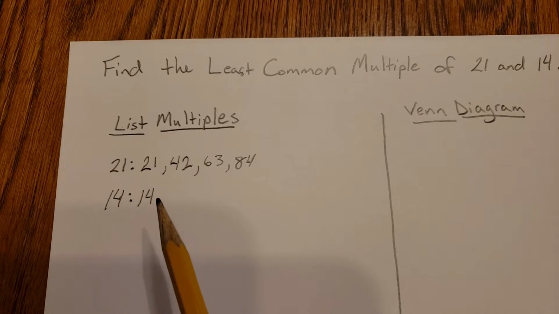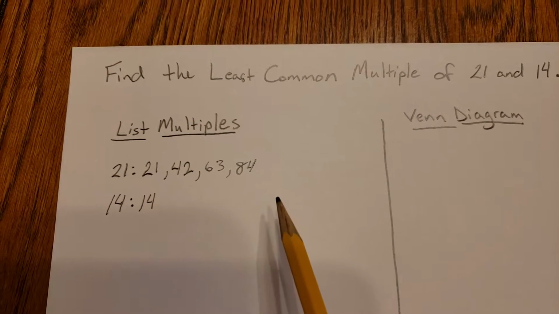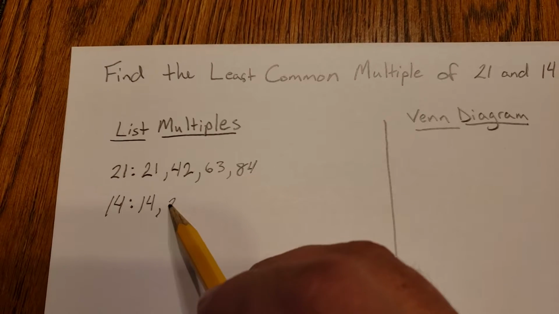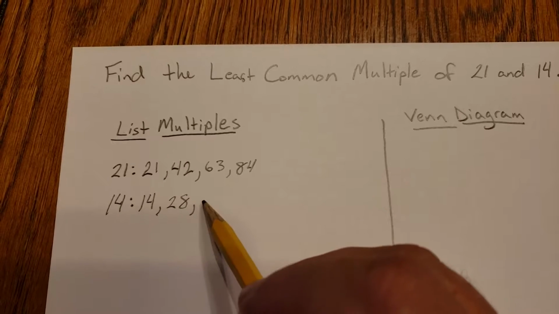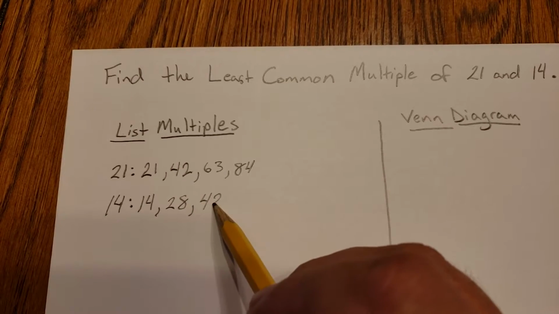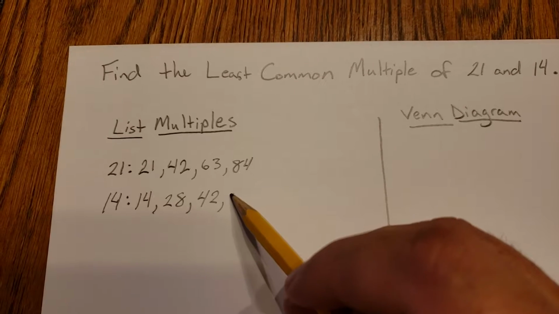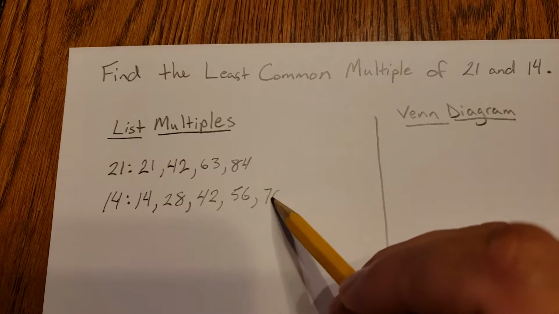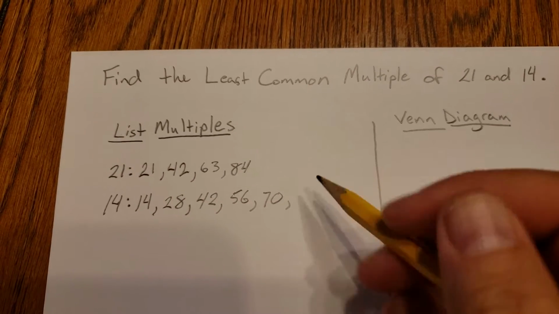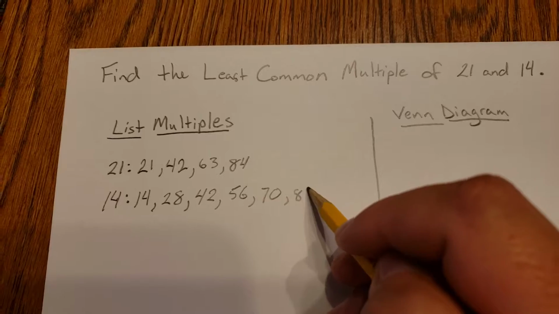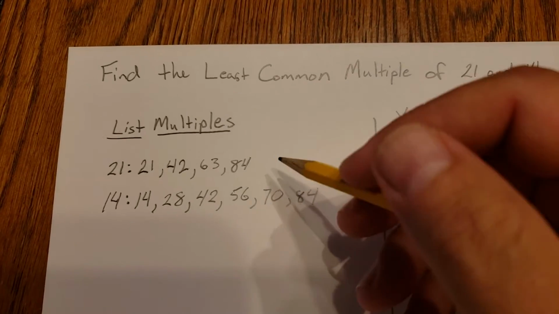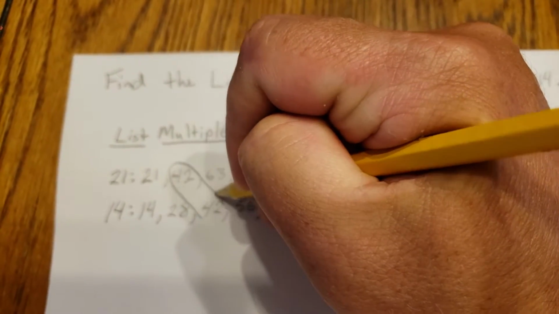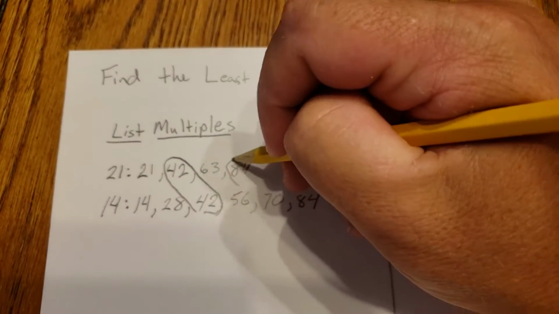And then either using multiplication, like 14 times 2 and so forth, or just following the pattern of adding 14, the multiples will become 28, and then 42, and then 56, and then 70, and then 84. So if we look on this list, I see two numbers that are matching, 42 and 84.